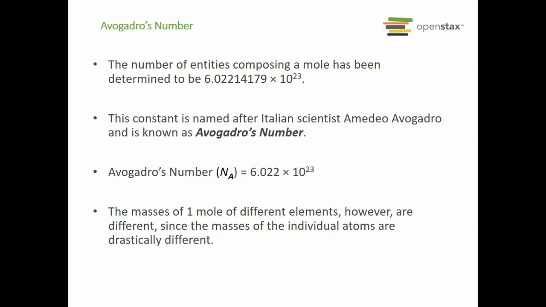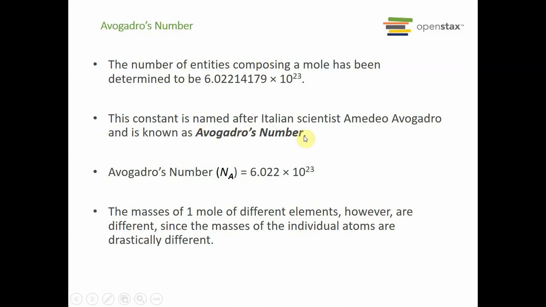Avogadro proposed a law that two gases of the same volume at the same temperature had the same number of particles in them. That was Avogadro's law. But he never knew how many particles that was.